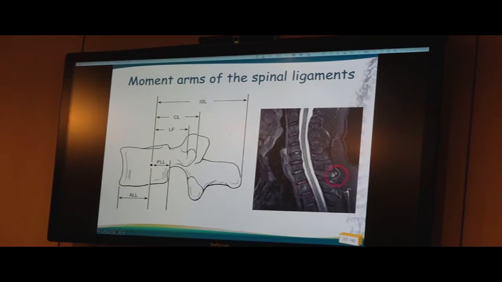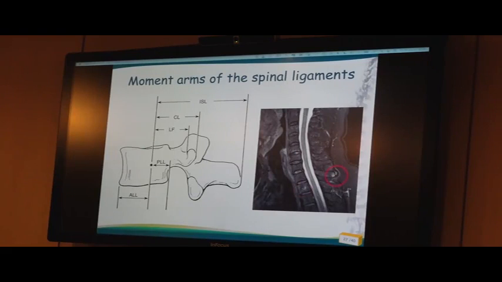That's why when you have a flexion trauma, a compression flexion trauma like that, you will see a spinous process fracture or supraspinous ligament disruption at the very posterior because moments are much higher there.